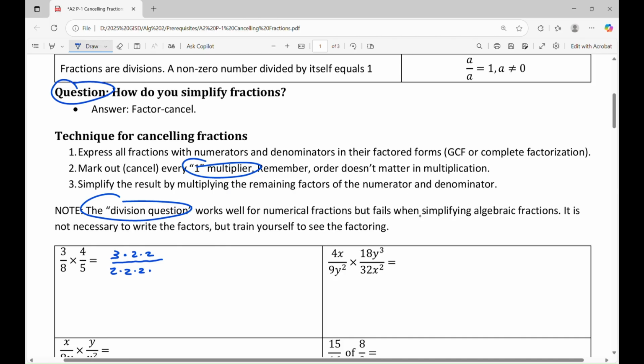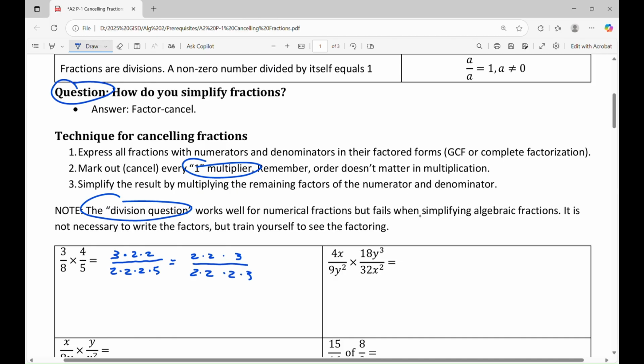And then times that by 5. And then I'm going to do a little rearrangement. I'm going to put the 2's first and then the 3. So I'm just doing the commutative property that allows me to rearrange things.